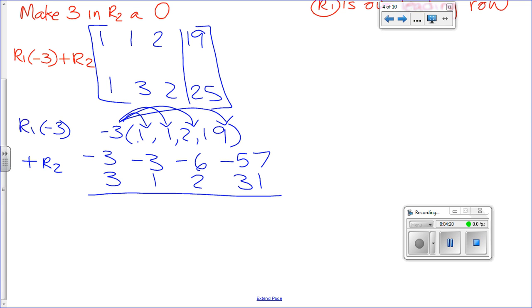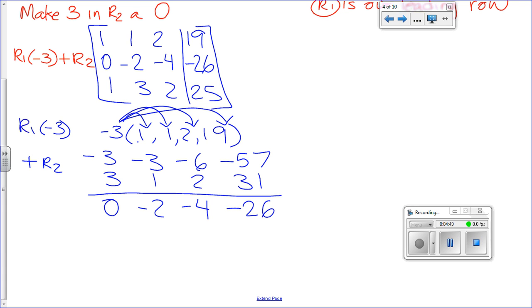Negative 3 plus 3 is 0. Negative 3 plus 1 is negative 2. Negative 6 plus 2 is negative 4. Negative 57 plus 31 is negative 26. So that will be the new R2: 0, negative 2, negative 4, negative 26.